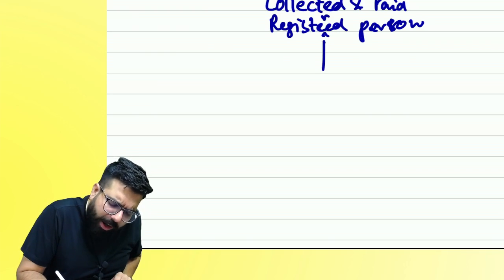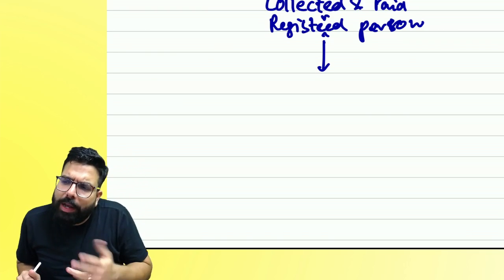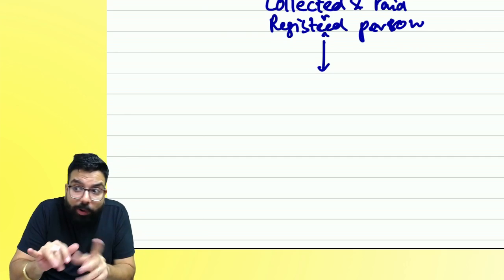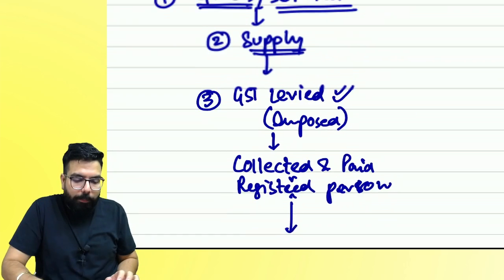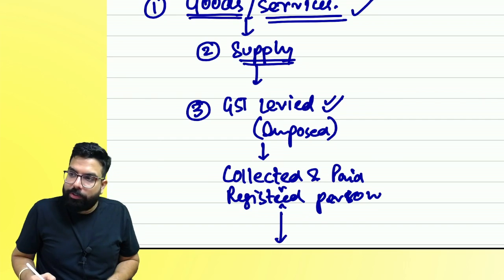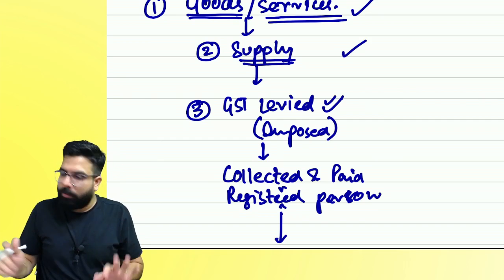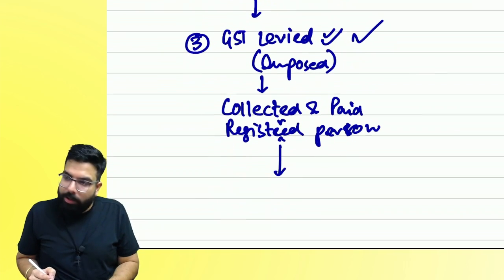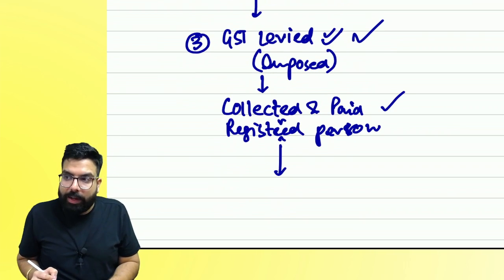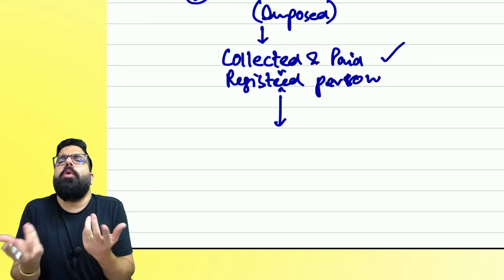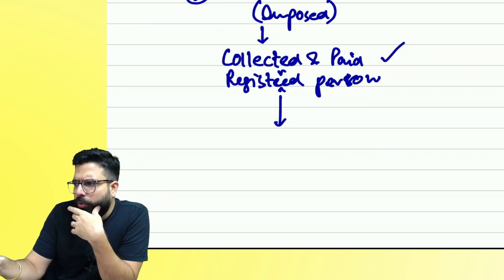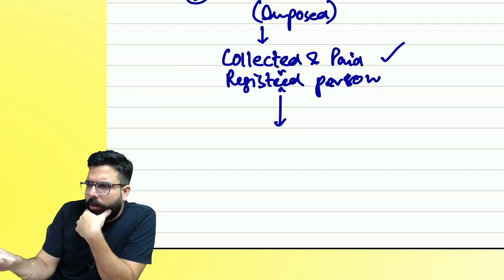Now, okay, I have to collect and pay. How will I collect? How will I pay? I'll have to calculate. I'm selling socks, supply, GST got levied. What will I have to do? Collect. How much to collect? You will collect 2 rupees, you will collect 3 rupees?